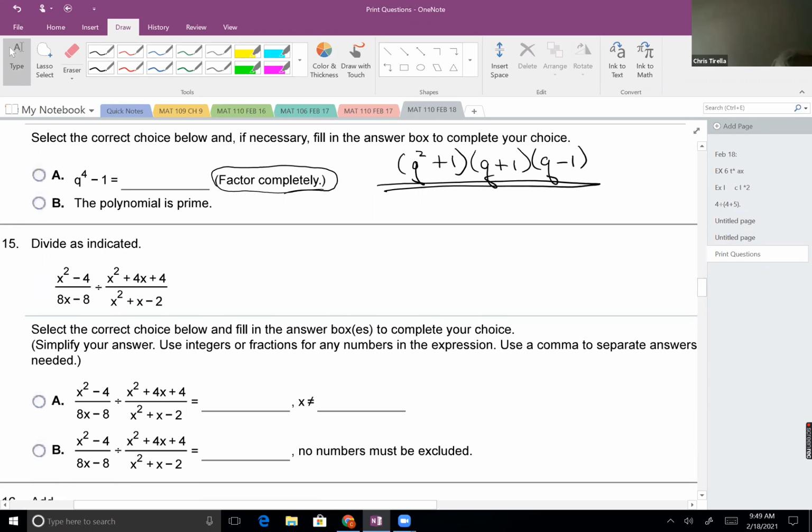Next one, well, this is what we've been looking at. It's dividing fractions. Does everybody remember, in order to divide, we're going to leave the first one the same. Change the division to multiplication and take the reciprocal of the second one.